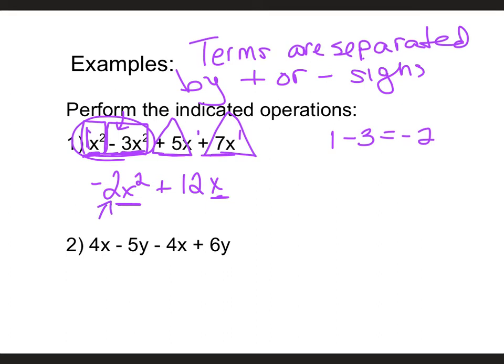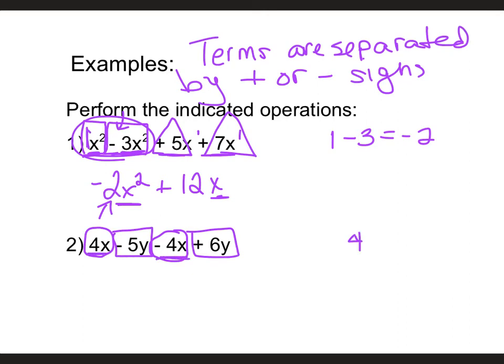Same deal here for the next one. You have 4x's. I'll circle here, it's a little easier. 4x and negative 4x combine, because those are both x's and they both have the same exponent. And here I'll box in the y and the other y. So I have to add the 4x and the negative 4x.